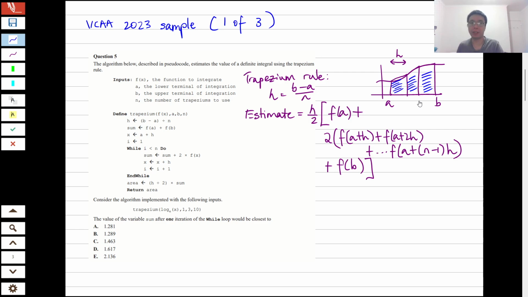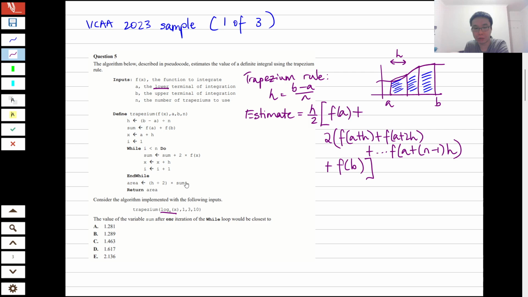So let's look carefully at what this question has given us. First, it's given us a function, a pseudocode implementation of the trapezium rule. And we are calling it with particular parameters. So we are given the function log x.